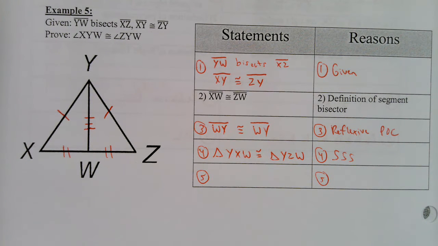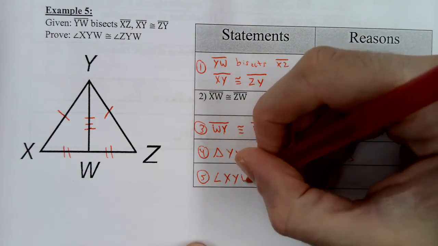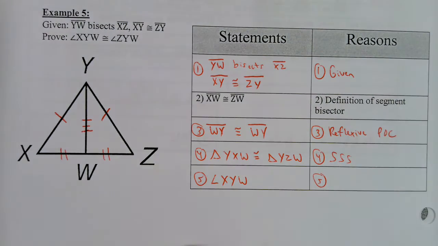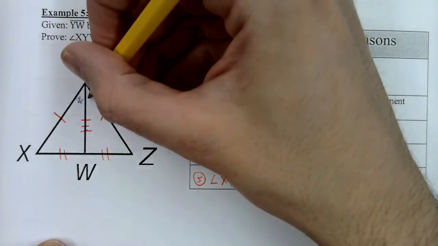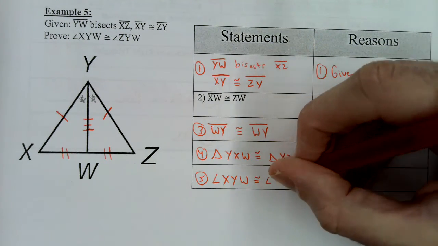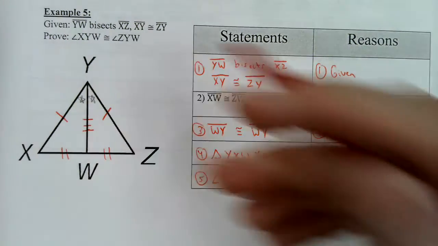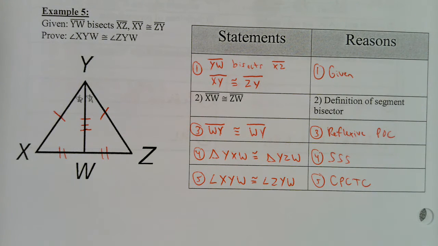And now, since I know the triangles are congruent, I can say that all the corresponding parts are congruent. So I can say the angle XYW, that angle up there with the star, is congruent to this other angle with the star. And we're using 3 letters, so I know which one you're talking about if you look at the diagram. And that is CPCTC. Corresponding parts of congruent triangles are congruent. Okay?